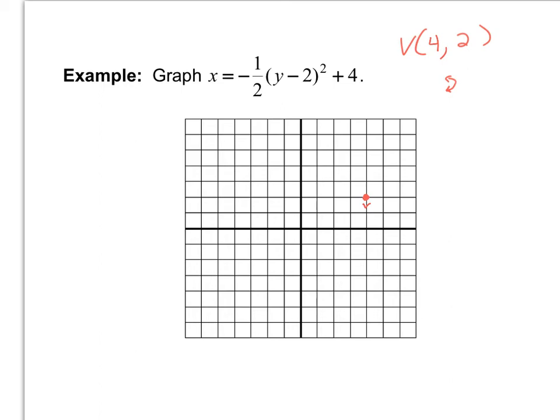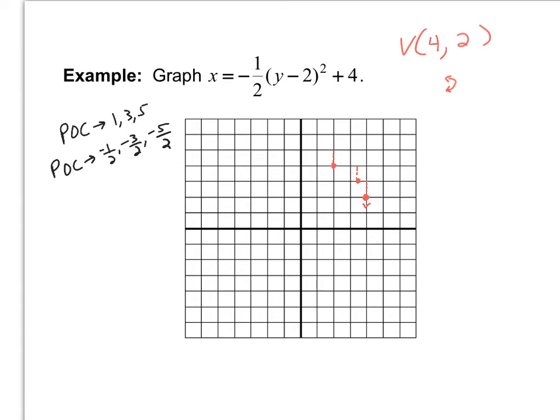The next thing I'm going to do, I've already decided that it opens to the left. I can look at my pattern of change. The pattern of change is normally 1, 3, 5. So we have learned to multiply that number, in this case with negative 1/2. Our new pattern of change is going to be negative 1/2, negative 3/2, negative 5/2. That negative just means we're going in the negative direction. So in terms of my parabola, I would go up 1 and to the left 1/2, right there. Then I would go up 1 and to the left 3/2.